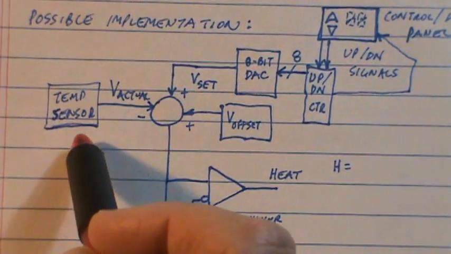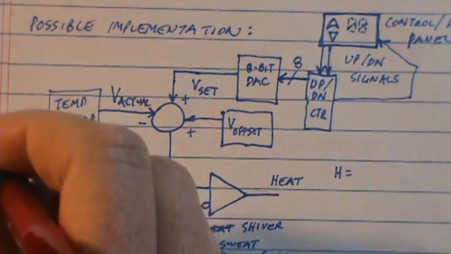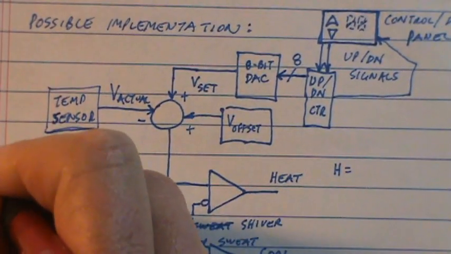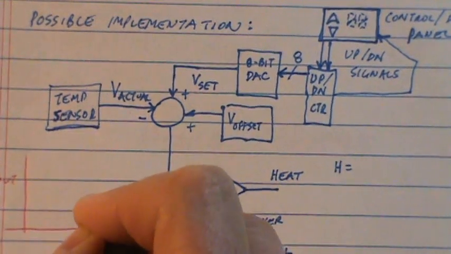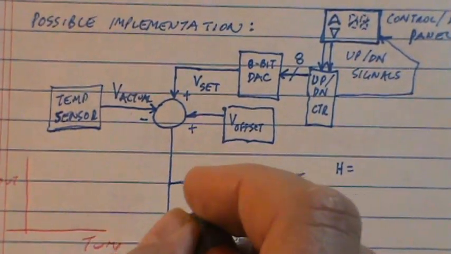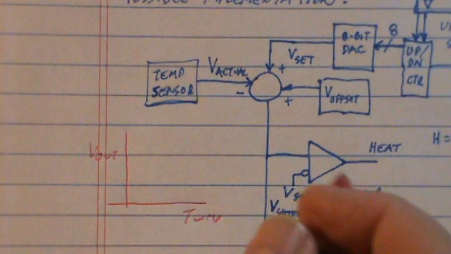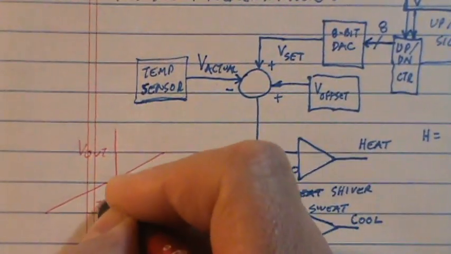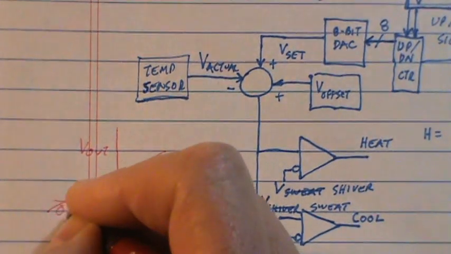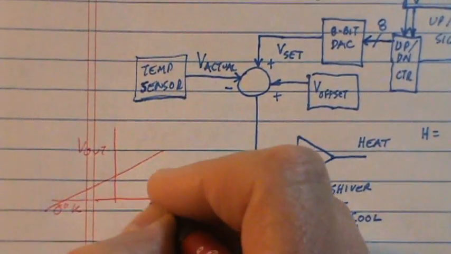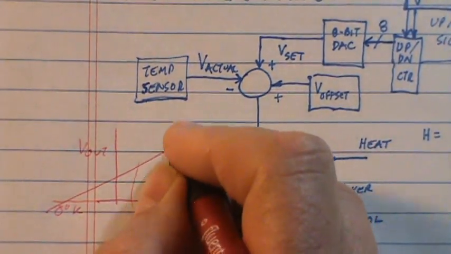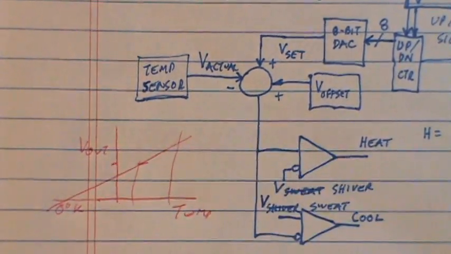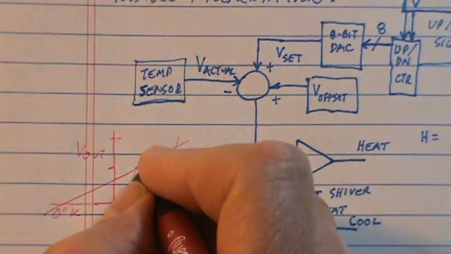Typically these are the temperature versus V out of a sensor like this. It typically starts at like 0 degrees Kelvin, and so by the time you get to your room temperature range, you're going to go from some non-zero voltage to some other non-zero voltage.